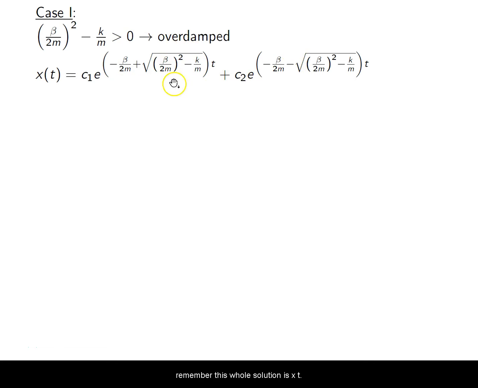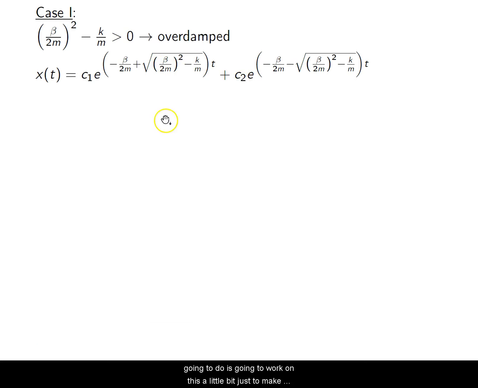Remember, this whole solution is times T. They're distinct. One's the 2 values added, one's the 2 values being subtracted. They're different values. You're used to this already. It just looks more complicated because we have extra variables in here. But again, it's just the regular quadratic formula answer.